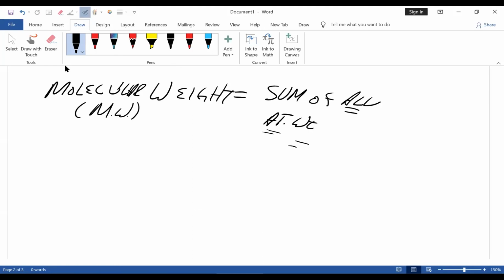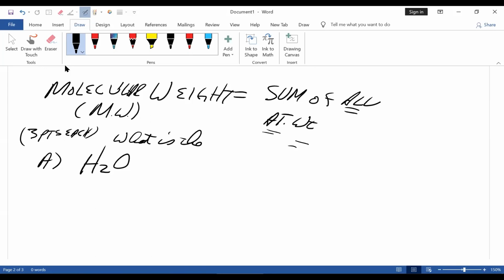So if we look at water, what is the molecular weight of water? And on tests, I'd write out molecular weight. So how do you do that?